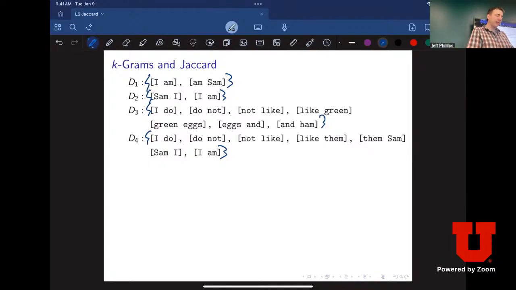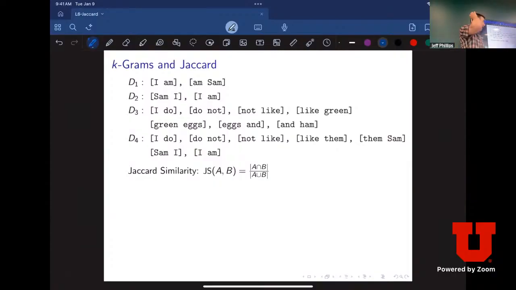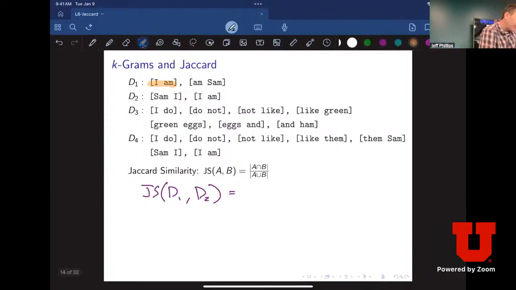Now I can measure the Jaccard similarity between them, which is defined between sets. Let's start with the Jaccard similarity between the document 1 set representation and the document 2 set representation. The intersection between them is "I am", which shows up in both.